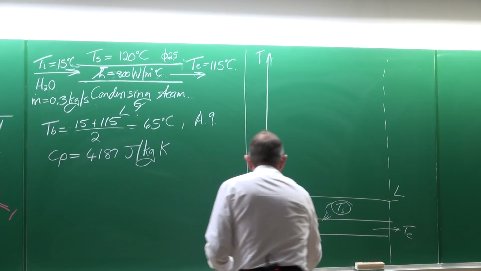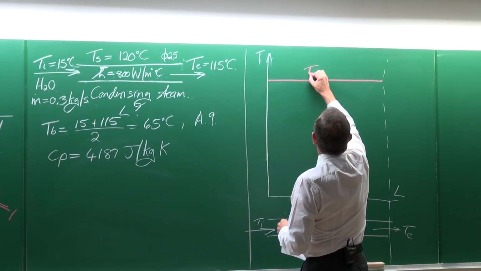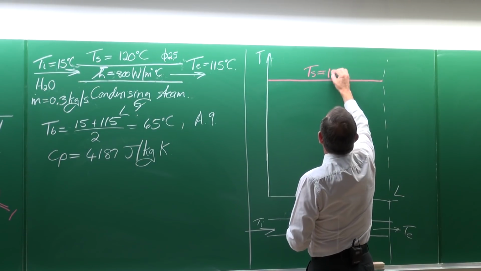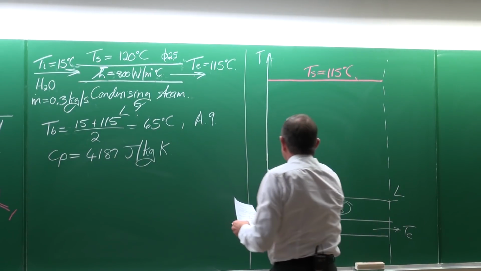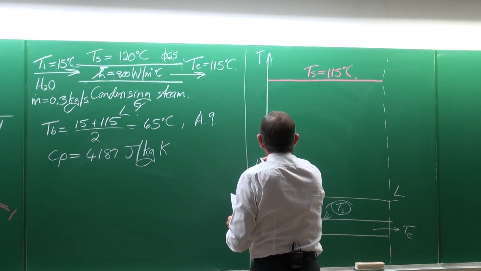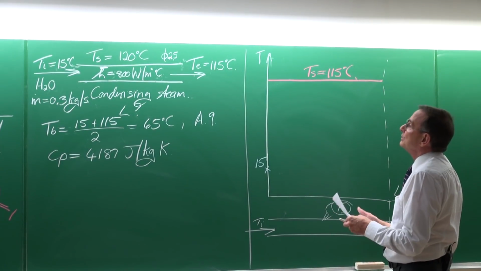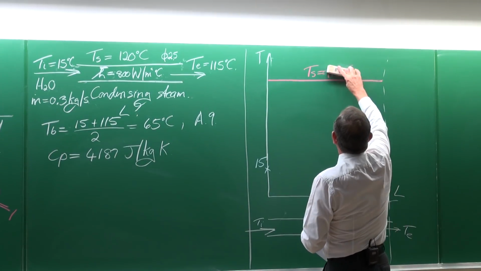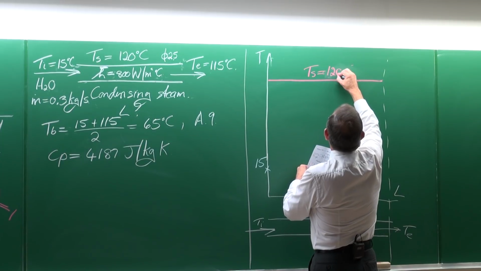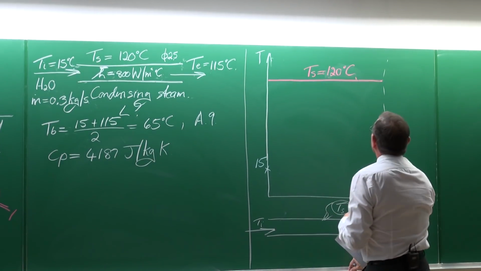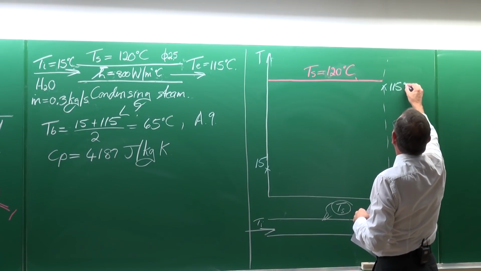If we now use different colors to show it, that is the surface temperature of 115. And then we've got here the water temperature at 15 at the inlet, and the outlet temperature, 120 degrees Celsius. Okay, this temperature is 115, so it's very close to the wall temperature.